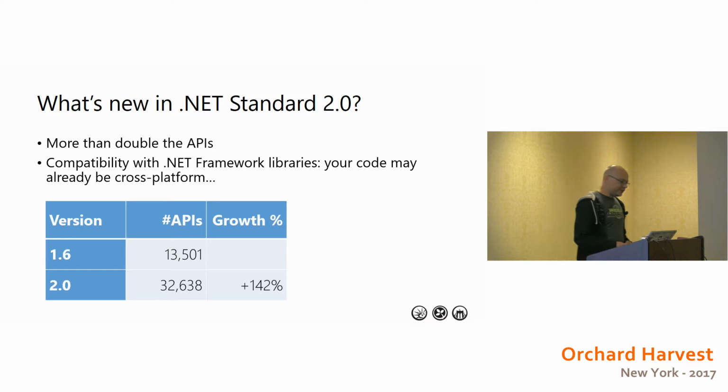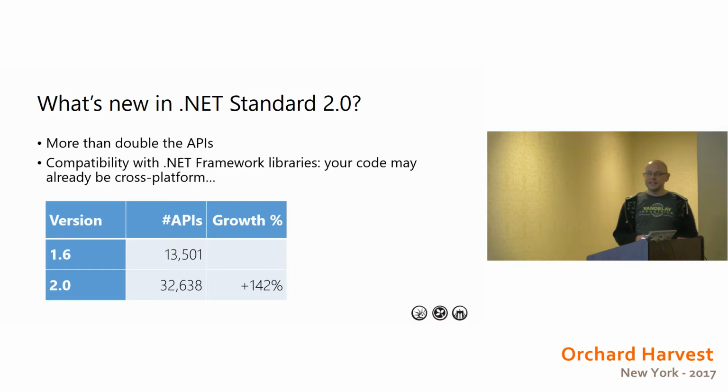And there is a little detail that I find really neat, which is that so far, if you wanted to target .NET Standard, you had to compile against .NET Standard. With .NET Standard 2.0, you will actually be able to try to reuse libraries that haven't even been recompiled. So that means that a very large number of NuGet packages that you can find on nuget.org, you are going to be able to just include in your project, and they might work.